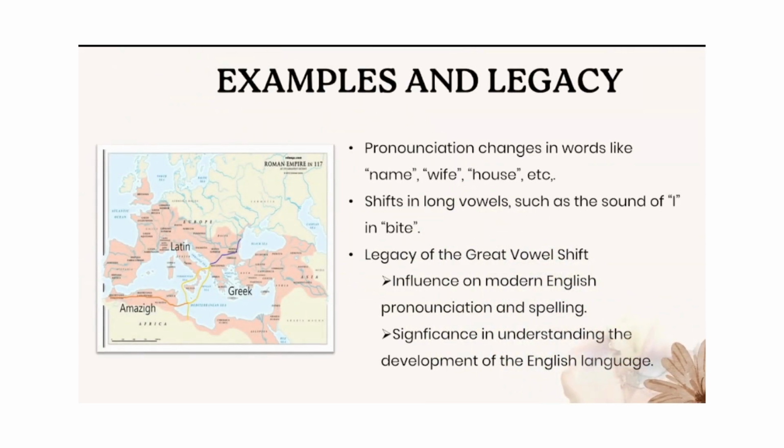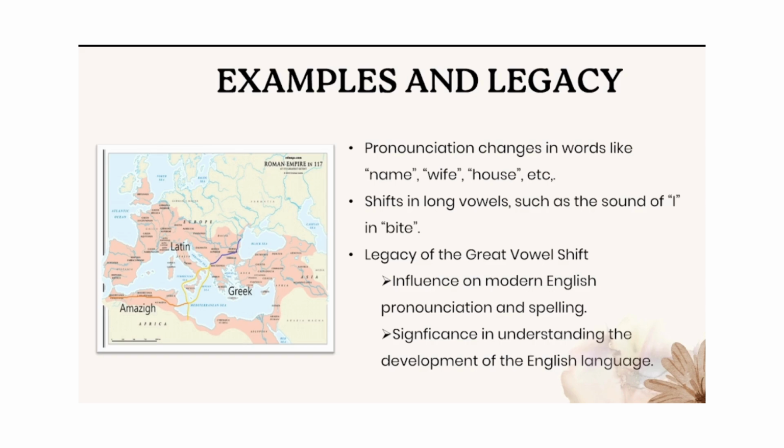In this slide, we will explore examples of vowel shifts in early modern English and discuss the legacy of the Great Vowel Shift. During the Great Vowel Shift, many vowels in English underwent significant pronunciation changes. For example, the vowel in words like name, wife, and house shifted from a Middle English pronunciation to a more modern pronunciation.